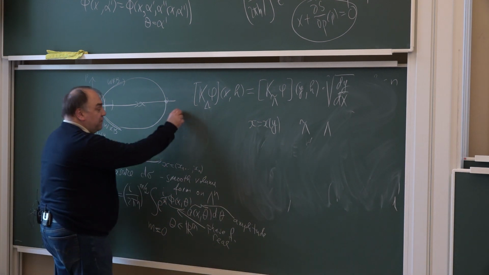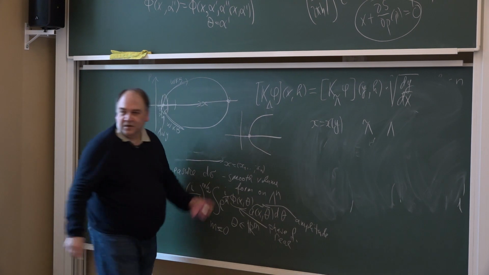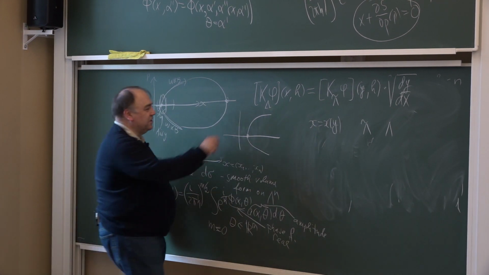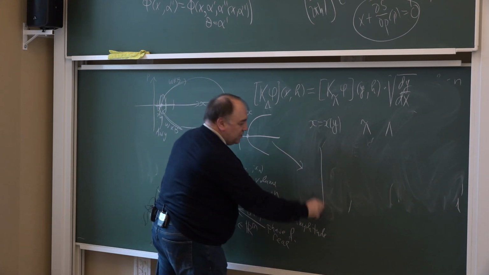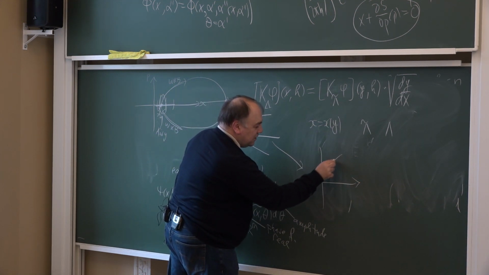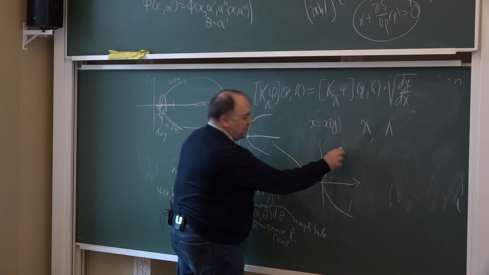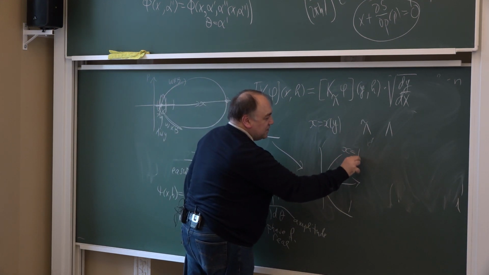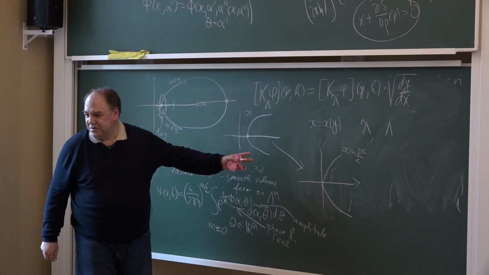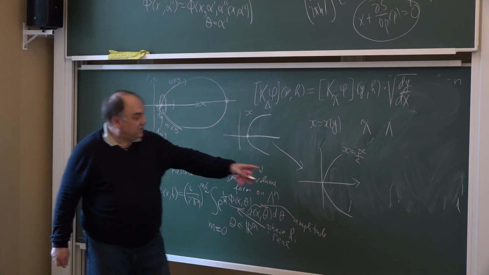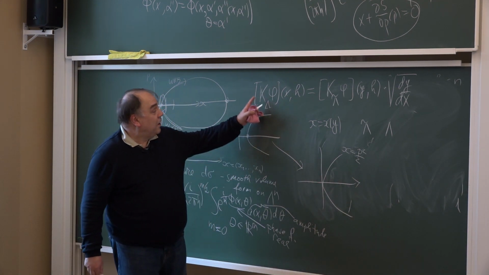So if we have this Lagrangian manifold, something like that, in the x coordinates, let us transform it to a parabola, like that. And then here you get the Airy function.